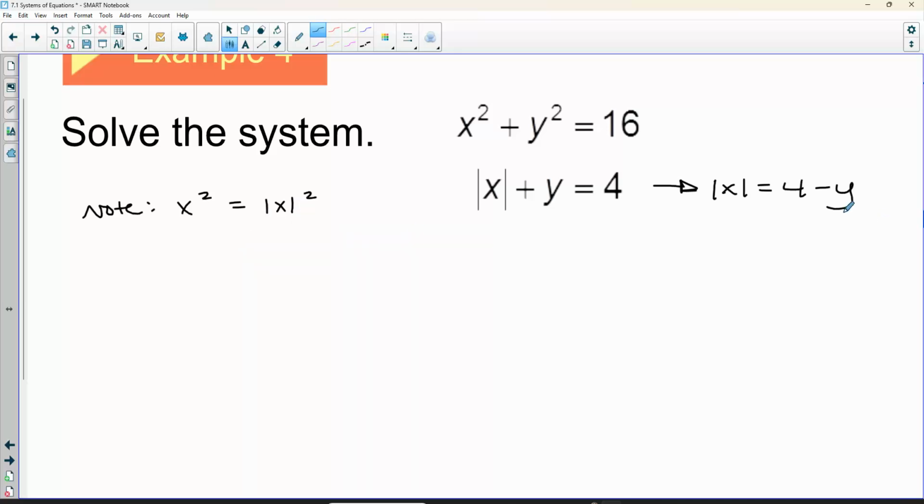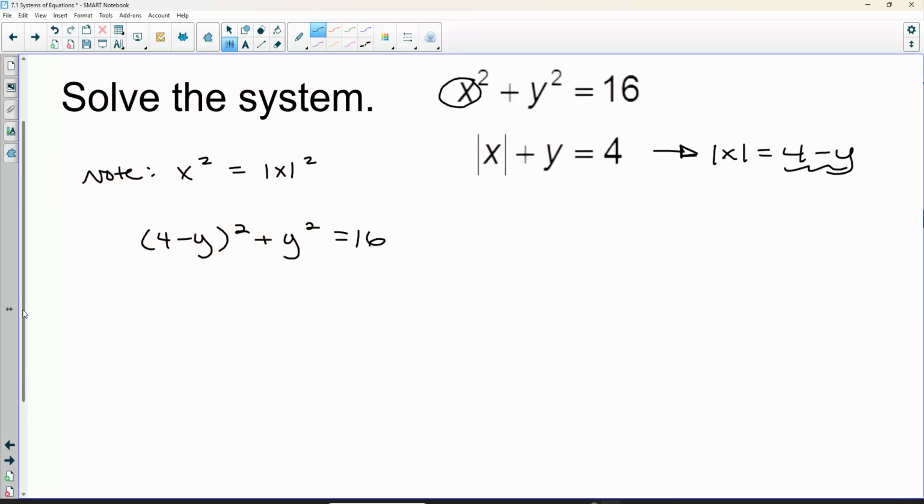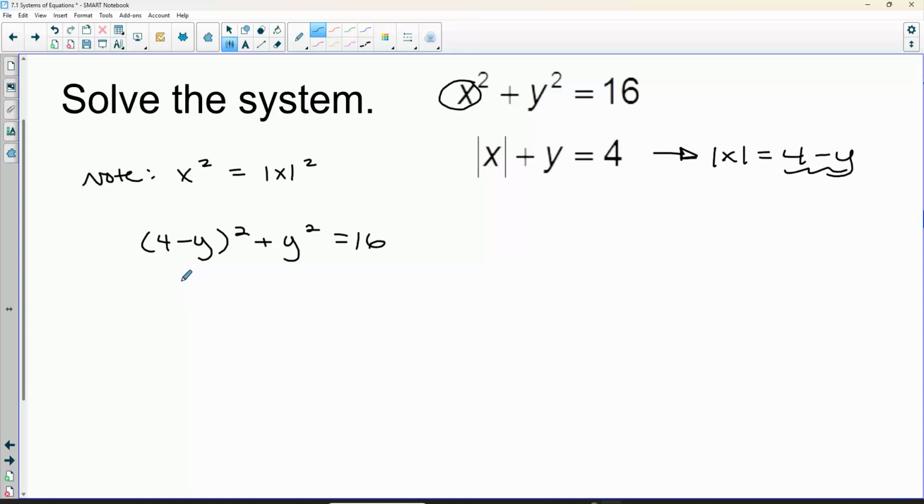So what I can do, since this is squared, I can actually replace my x with my absolute value of x. So I can sub that into the first one, so 4 minus y squared plus y squared equals 16. To square the 4 minus y, we have to write it twice in FOIL, so we get 16 minus 8y plus y squared.